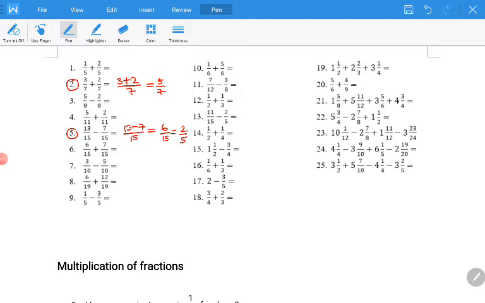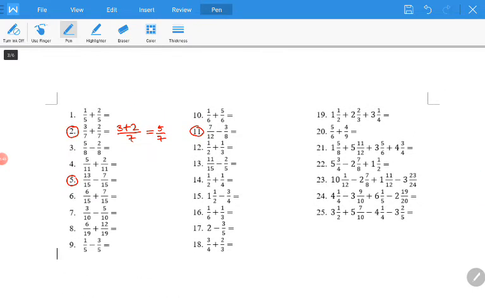Things becomes different if we have different denominators. For example, if we look at question 11. Question 11 is saying 7 over 12 minus 3 over 8. So to solve this, we need to find a common denominator.